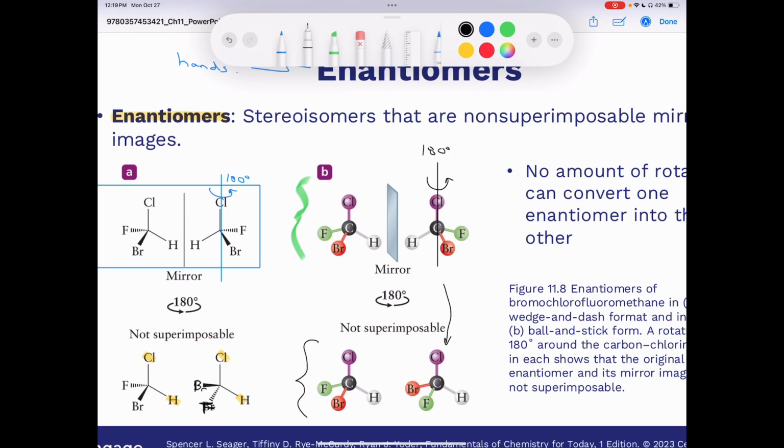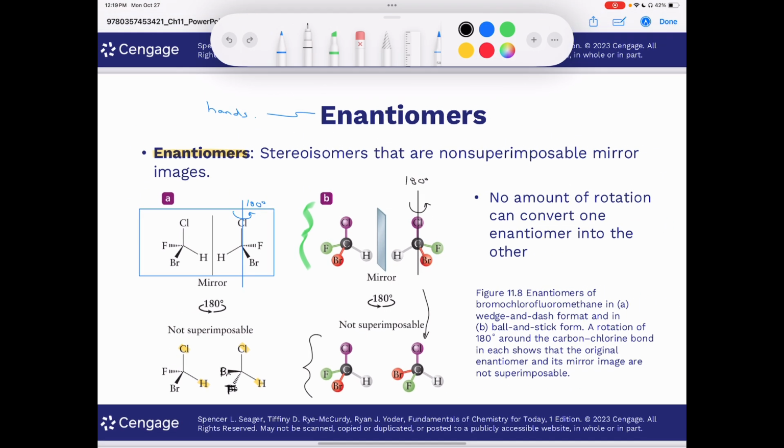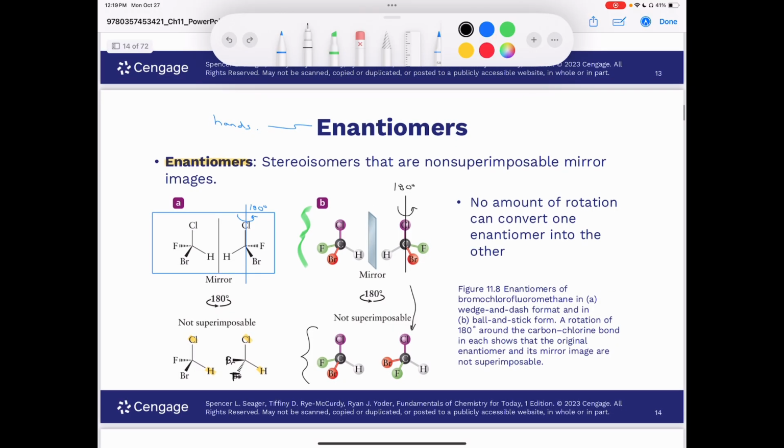And you can see that these 2 molecules are not superimposable, right? The chlorines and the hydrogens will overlap, but the fluorines and the bromines will not. You can see the fluorine is going into the back, and so is the bromine. So you can see these are not identical. So again, enantiomers are mirror images that are not superimposable.